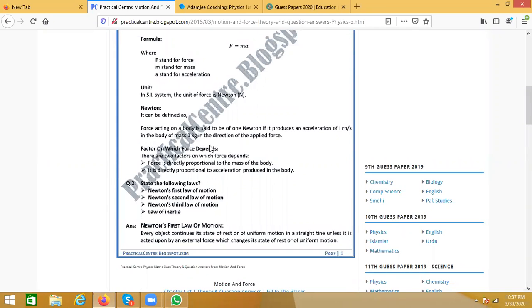Okay, so you need to apply a greater amount of force if you are pushing a heavier object. Secondly, it is directly proportional to the acceleration produced in the body. So the greater the force, the greater the acceleration. This is what the second law of Newton also tells us, that force is directly proportional to acceleration.